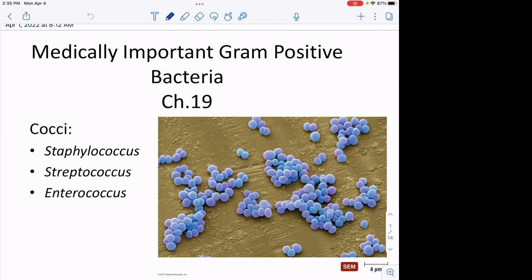The cocci that we think of as medically important are the staph, the strep, and maybe to a lesser extent the enterococcus, which are very similar in a lot of ways to streptococcus. It's nice that we're crossing over with lab a little bit. If you're in lab, a lot of this will look familiar, but I try not to ask you things in lecture that I think they know from lab, because some of you are not in lab.